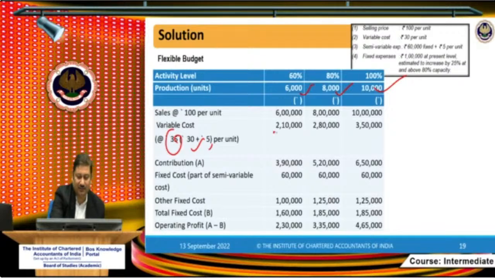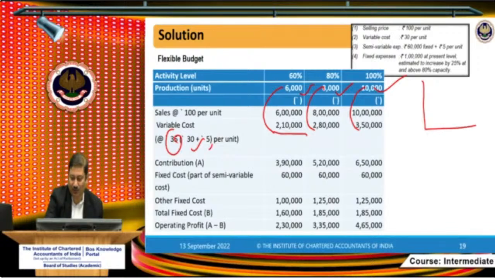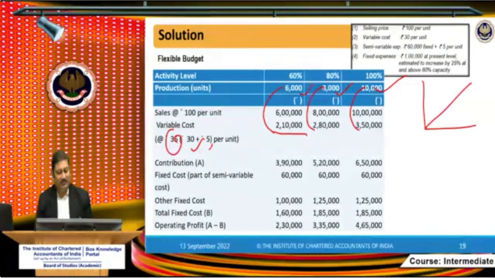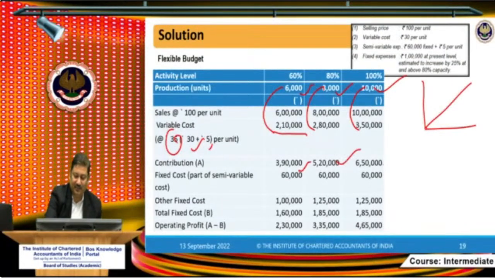So variable cost is 2 lakh 10 for 6,000 units: 6,000 into 35, 8,000 into 35 and 10,000 into 35. So the variable cost graph, as I told you, will go like this. Sales minus variable cost gives contribution. You can see the contribution is maximum at 100%.